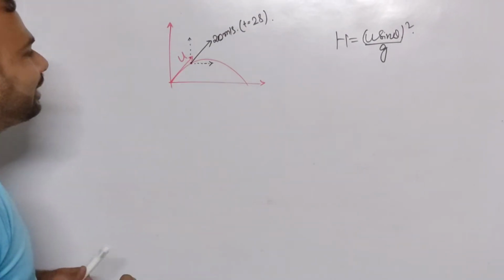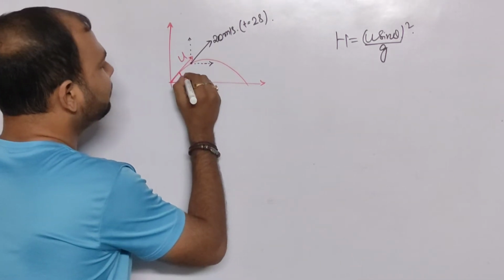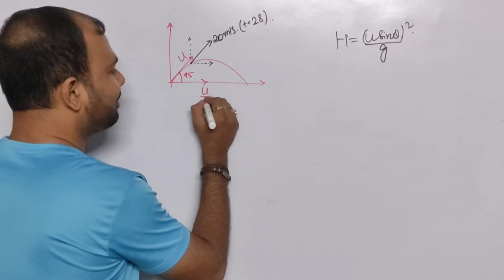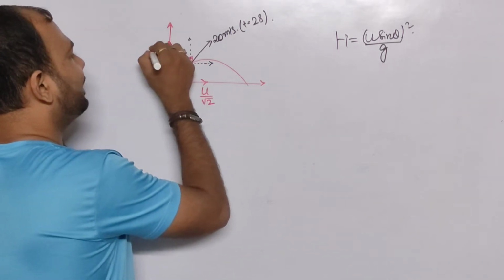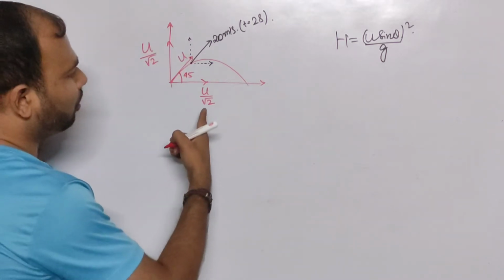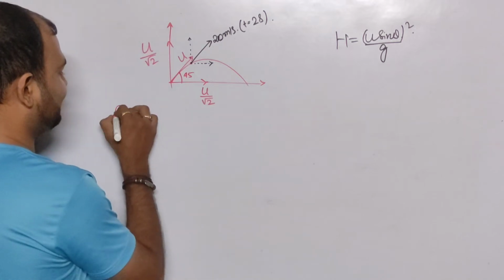So how to find the components? We know that if the initial velocity is u, then this is u cos 45, that means u by root 2, and u sine 45, that is u by root 2. After 2 seconds, what will be the change in velocity along x-axis?